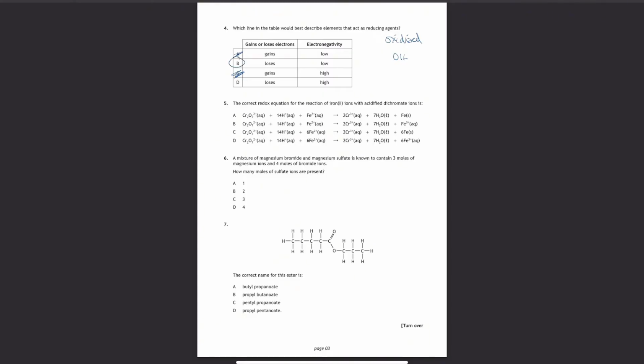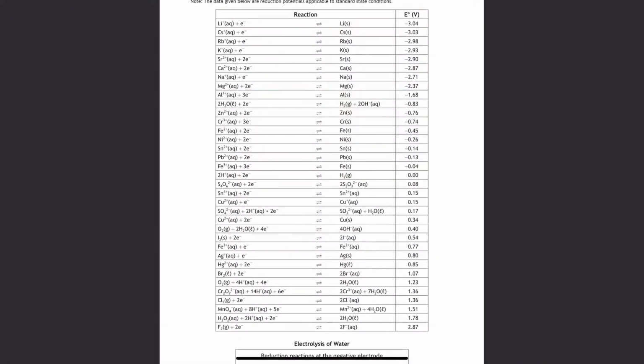Question 5. The correct redox equation for the reaction of iron(II) ions with acidified dichromate ions is... You'd want to look up the electrochemical series for this and find the electron half equations for those two things. I've got the electrochemical series here. Here's the reaction for dichromate, and we're reacting it with iron(II). Because dichromate is a reduction reaction going from left to right, we need iron(II) to be going from right to left, the opposite way.